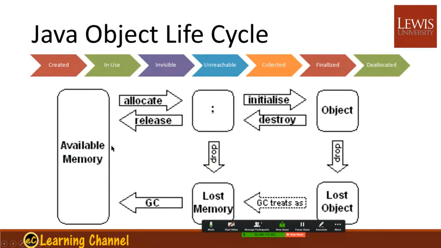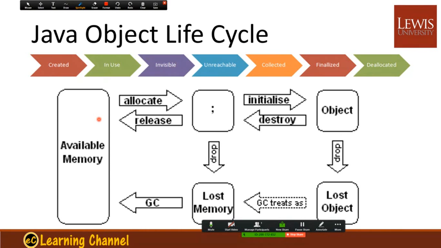So here is the Java object lifecycle. You have available memory, and then you can allocate and initialize the object. An object can be destroyed and then released back to the memory pool.